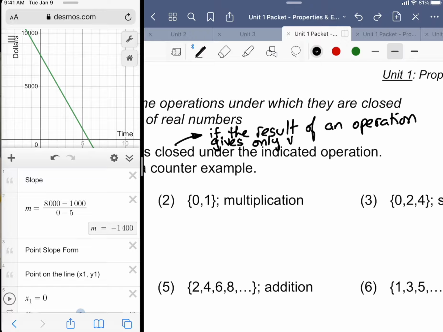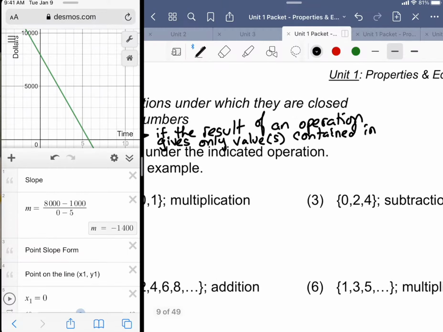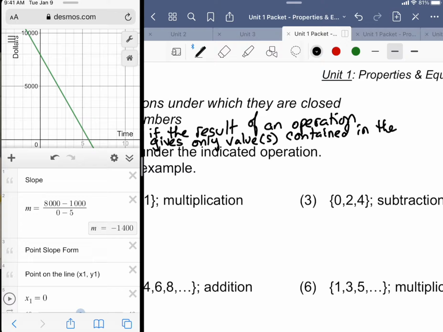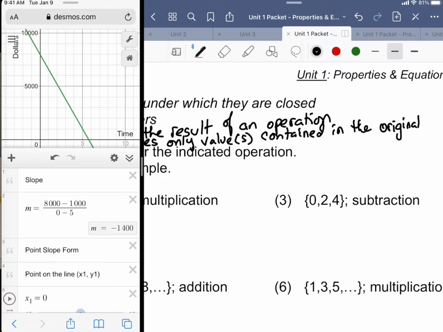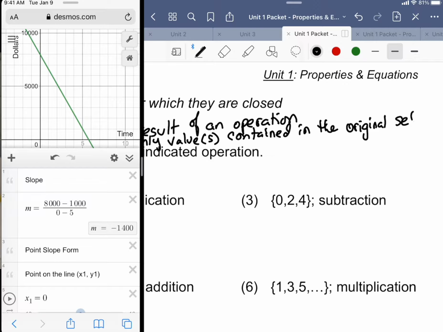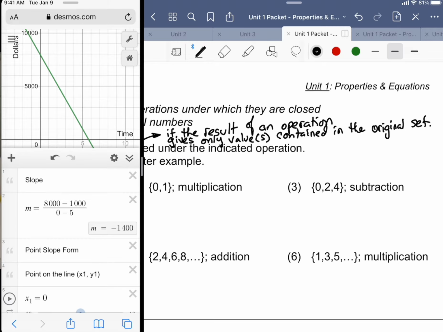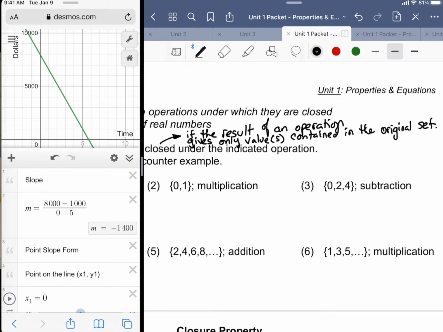Only values contained in the original set. So a set is closed under an operation if the result of an operation gives only values contained in the original set.